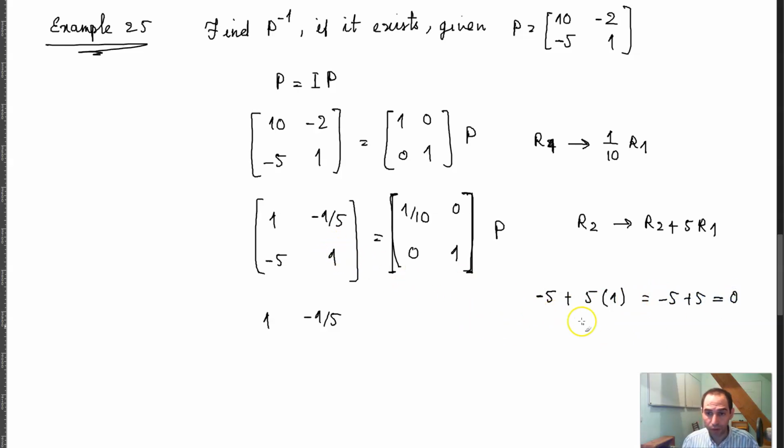And then 1 plus 5 times negative 1/5 is the same thing as 1 minus 1, which is equal to 0. So you get 2 zeros here.